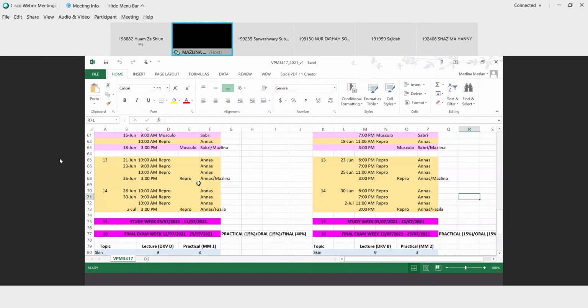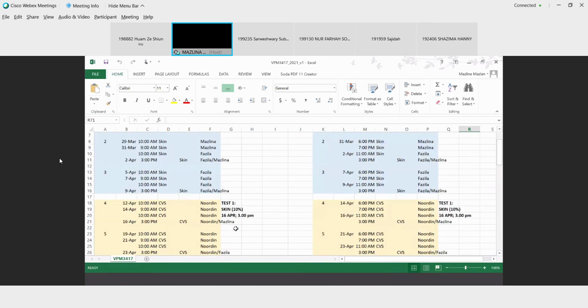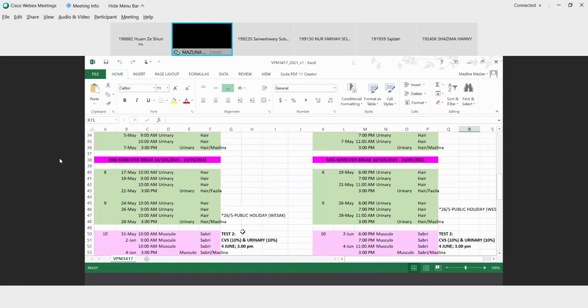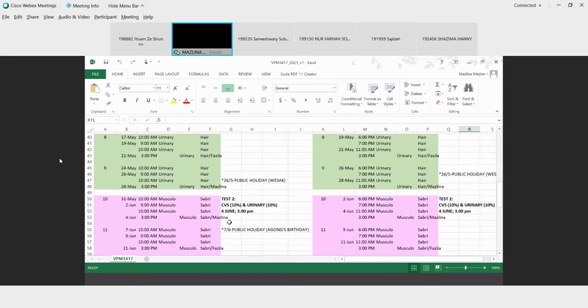If you look at test 1, it is supposed to be around the 16th of April. We'll do it during the practical session. Next, test 2 will be on the cardiovascular system and also the urinary system, where it will cover 10% of each system, so 20% there for test 2. The tentative date for test 2 is the 4th of June, during the practical session as well.